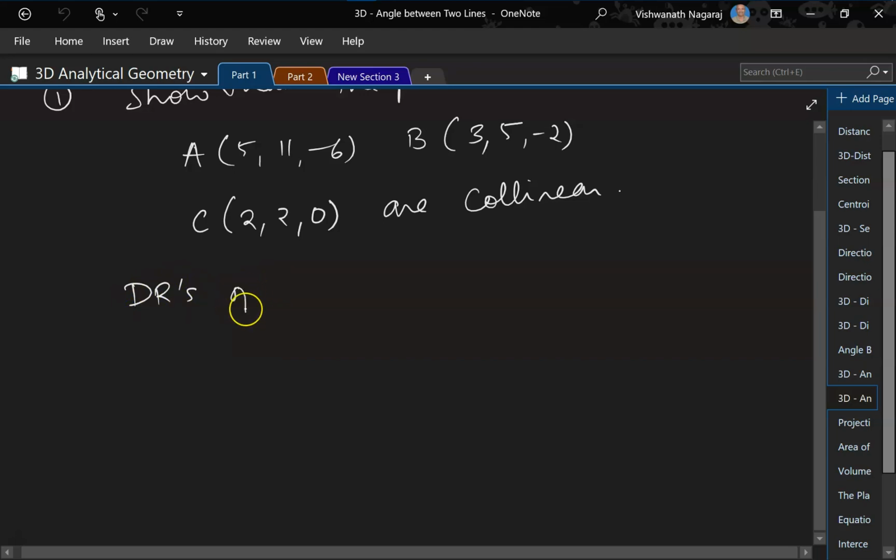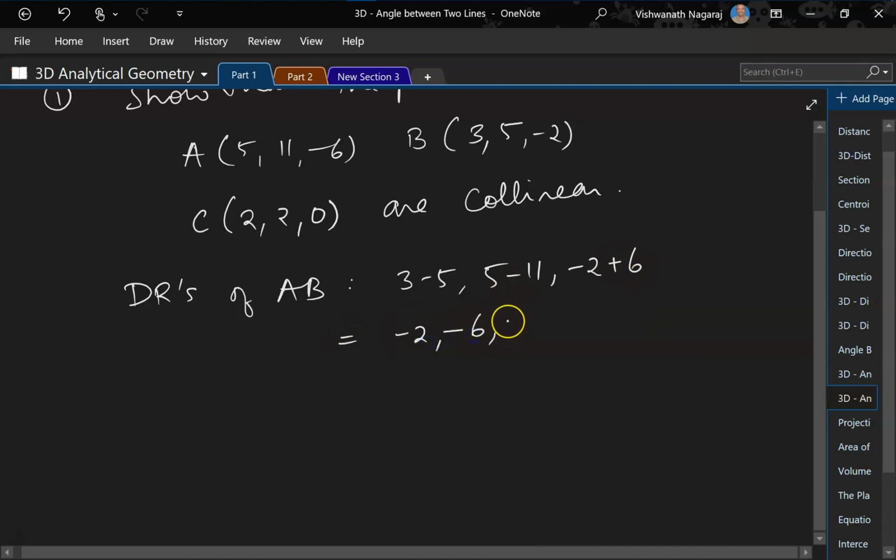The direction ratios of AB would be 3 minus 5, 5 minus 11, and -2 minus -6, which is plus 6. So that is equal to -2, -6, and 4.